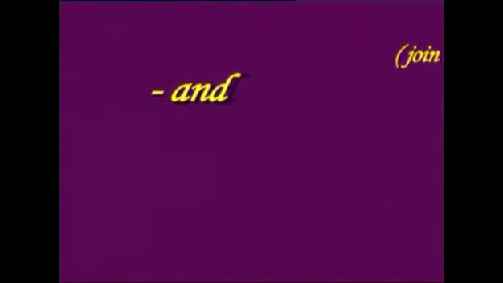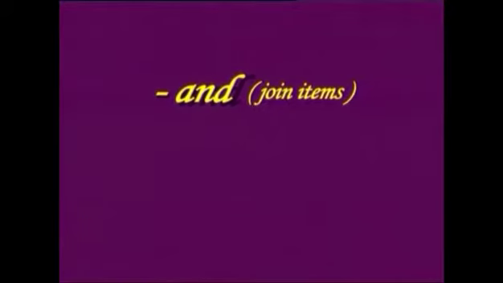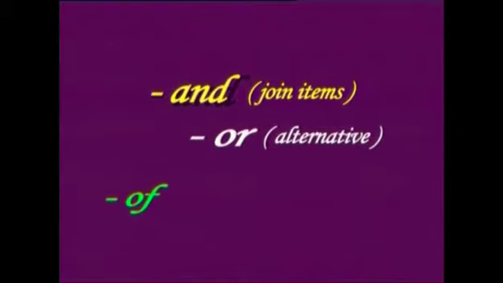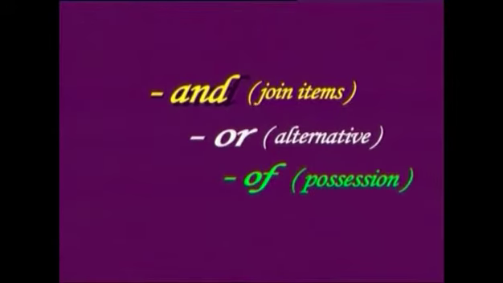Empty words have little or no intrinsic meaning. They exist because of their grammatical function in the sentence. For example, "and" is used to join items, "or" is used to indicate alternative, "of" sometimes indicates possession. These words have grammatical meaning.